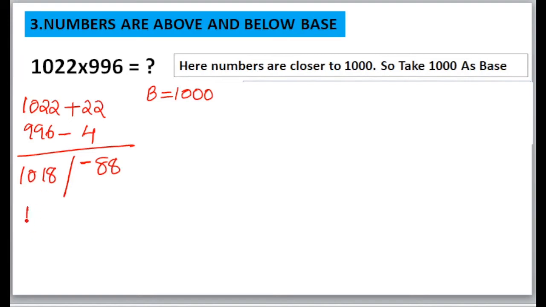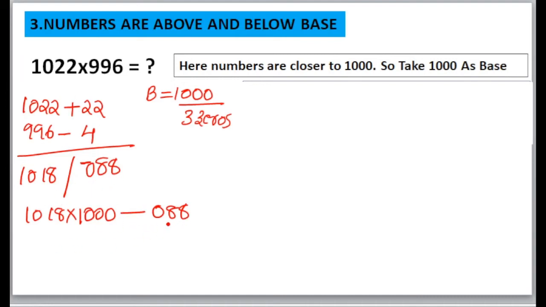So your answer is 1018 into 1000 minus 088 because your base has 3 zeros and you put a 0 here to make it a 3 digit.